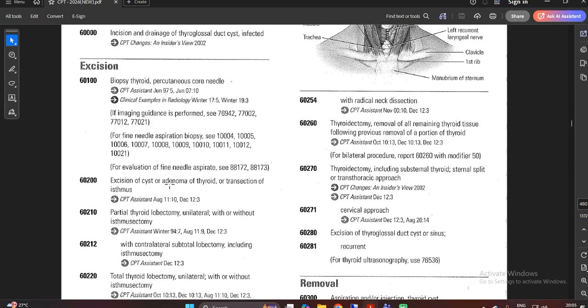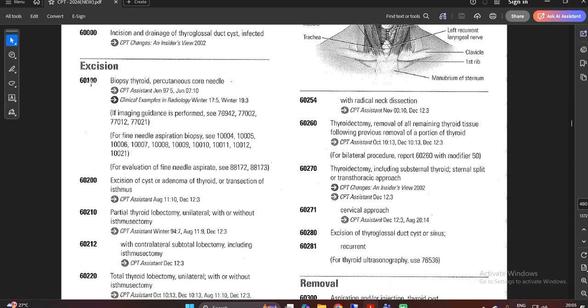So basically, if you see this one, 60100, this is a tissue biopsy. Here is a fluid biopsy, see here aspiration. Aspiration means the physician will aspirate the fluid for biopsy. So what is important here? Whenever you want to code a biopsy of the thyroid, you need to check the outcome of the thyroid biopsy, whether it is fluid or tissue.